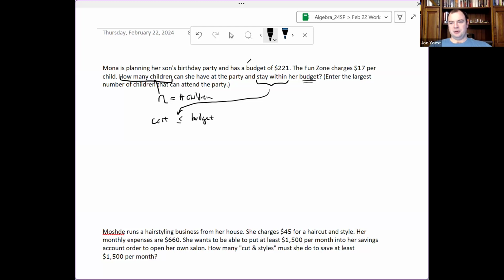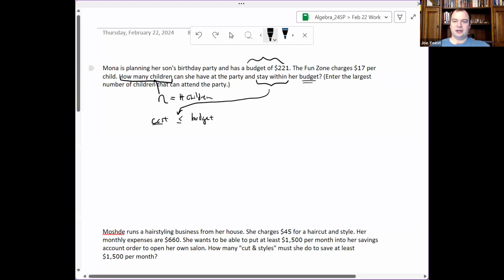She has a budget of $221. What does it mean to stay within a budget? Well, it means that the actual cost, the actual, say, cash outlay, is less than or equal to the budgeted amount.